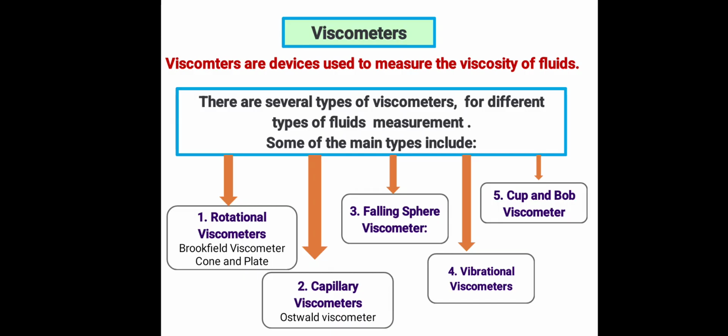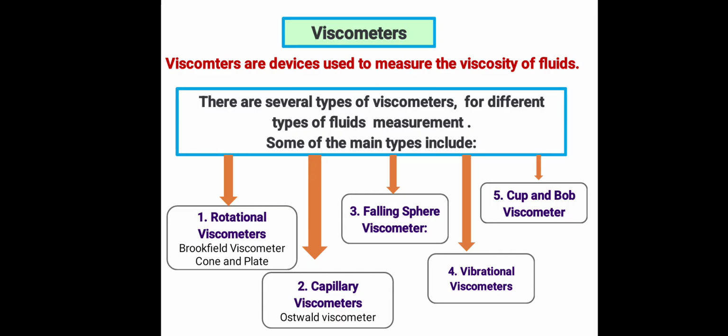The cup and bob viscometer consists of a cup holding the fluid and a bob suspended in the fluid. The bob is rotated, and the viscosity is determined by the torque needed, which is a measure of force. In the vibrational viscometer, viscosity is determined by observing the damping effect, which means slowing down or stopping of motion or oscillation in the fluid.